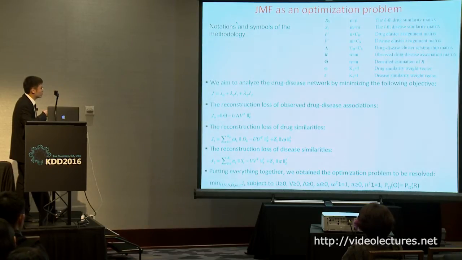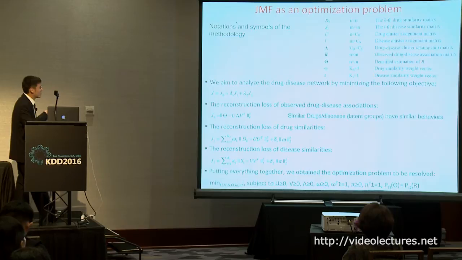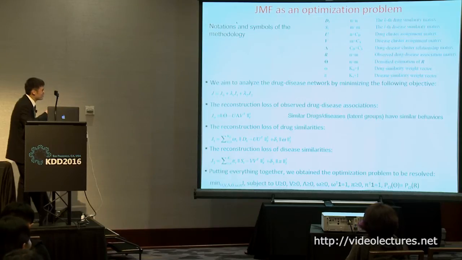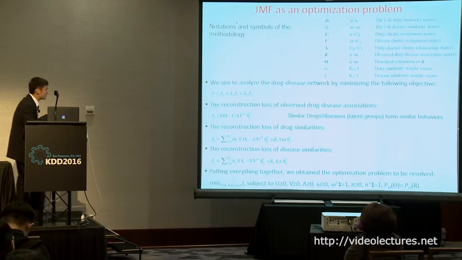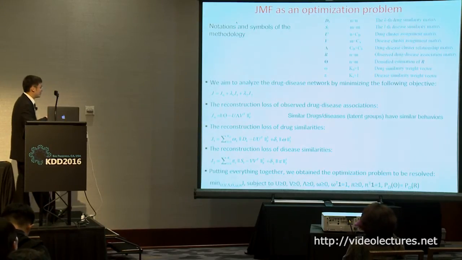U is the drug group, V is the disease group, and lambda is to enforce that similar drugs and similar diseases have similar group behavior, because U is the drug group and V is the disease group. And J1 and J2 are the reconstruction losses of the networks.